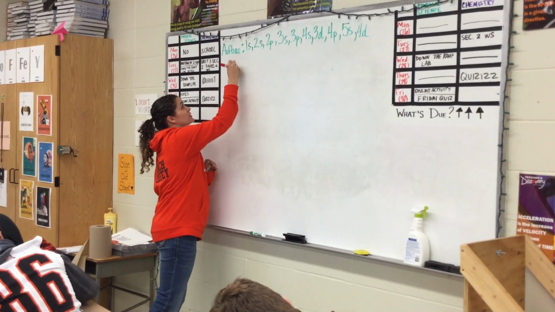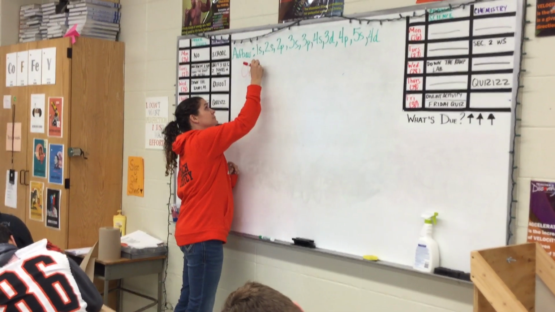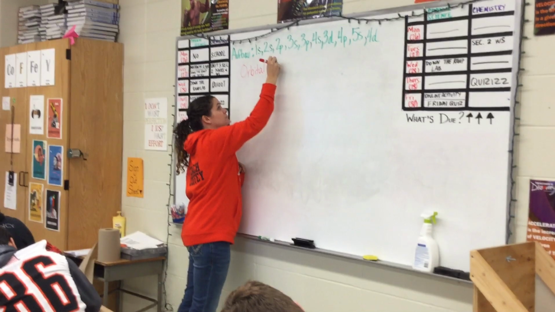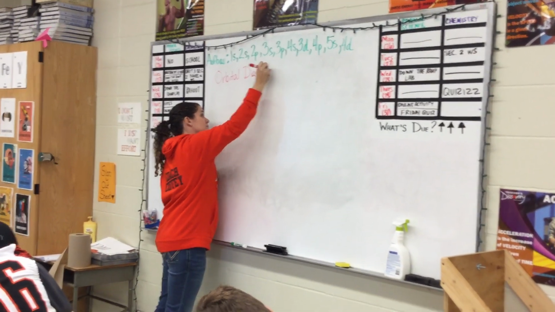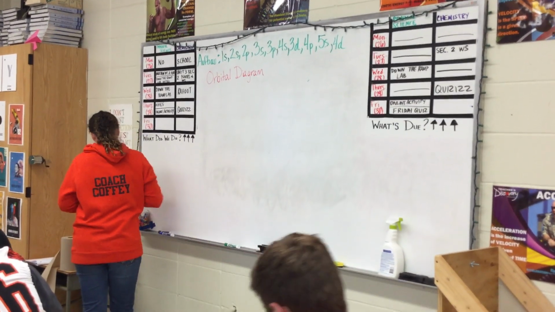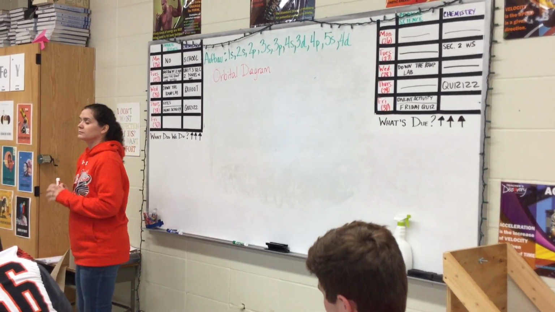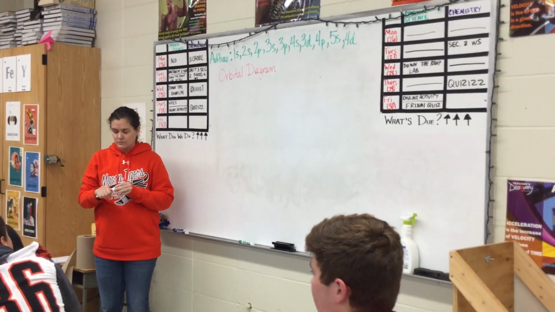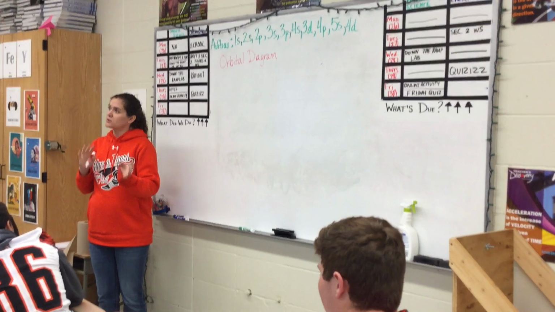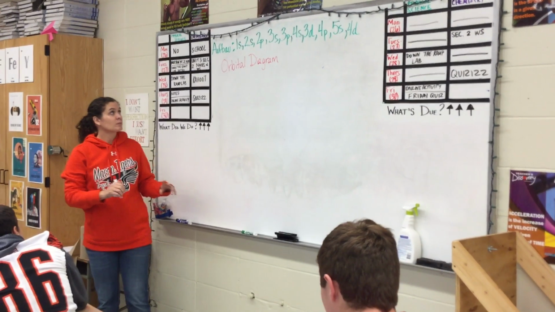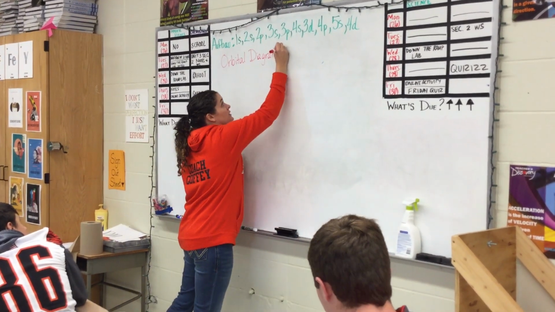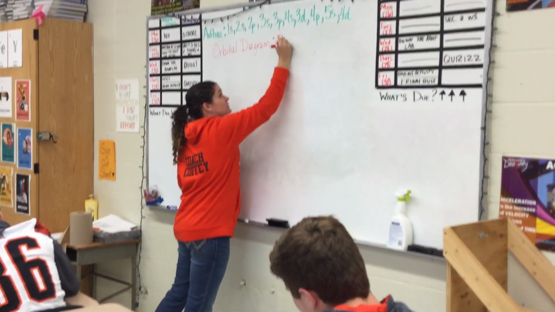First example, we're going to start with an orbital diagram. We're going to start with simple examples and work our way up. The example that I'm going to use first is beryllium.